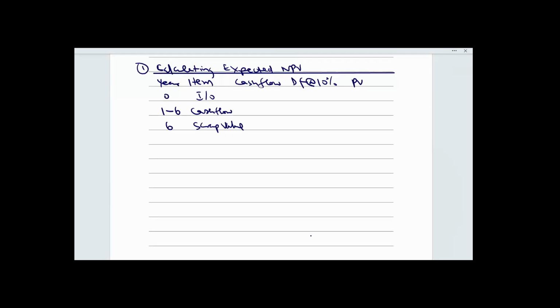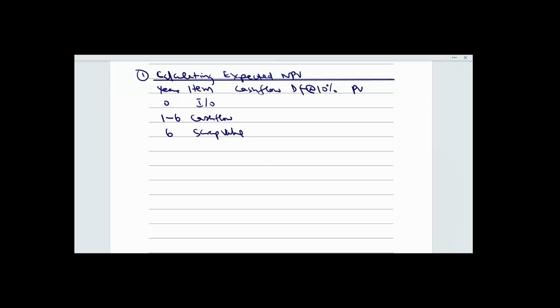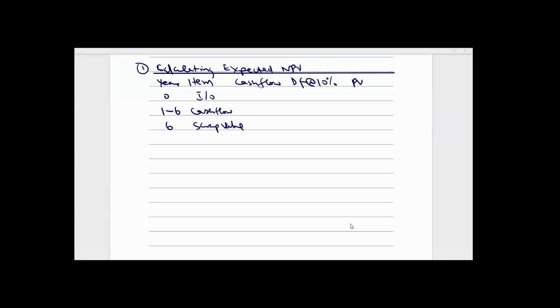Initial outlay, according to the question, is 40,000 naira. Our annual cash flow, expected value, is 9,810. Then we have a scrap value of 5,000 naira.